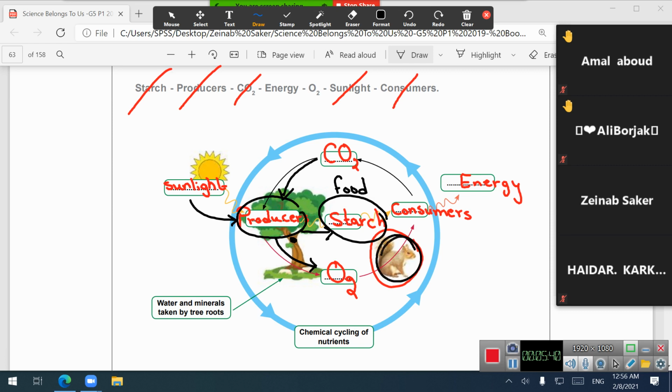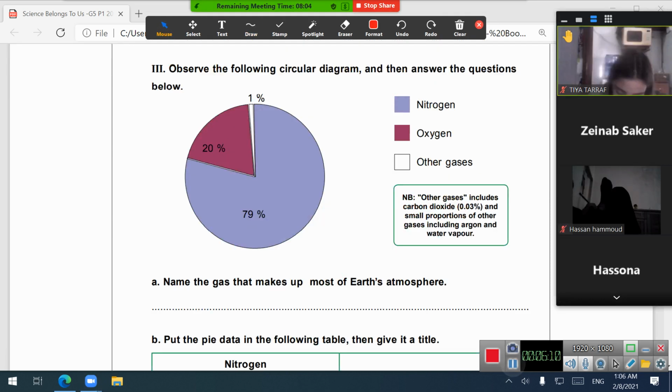While the animal here, which is the consumer, releases carbon dioxide and absorbs oxygen to give energy. Our energy can be got from our food. We eat food to have energy. If we have no food, no energy will enter our bodies.